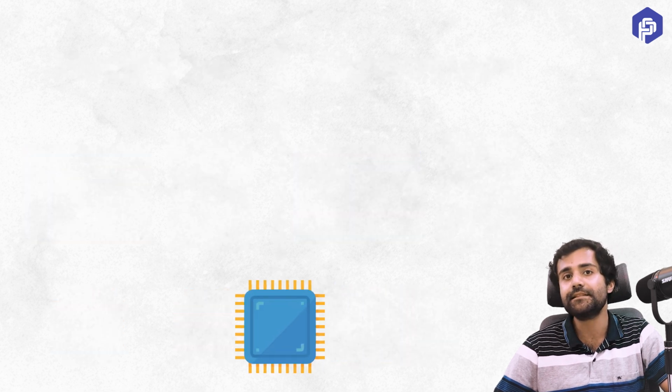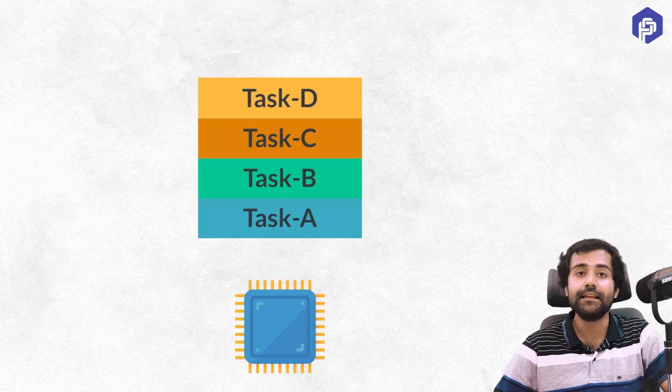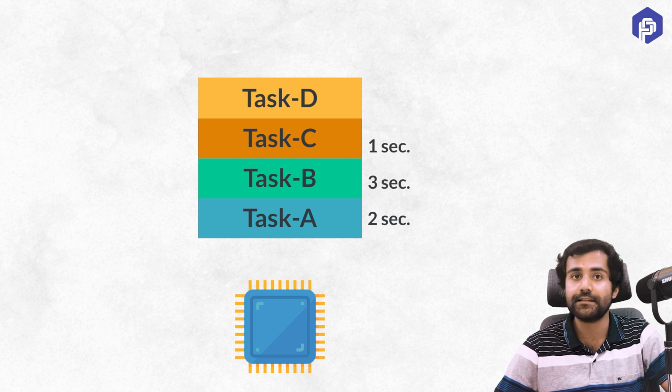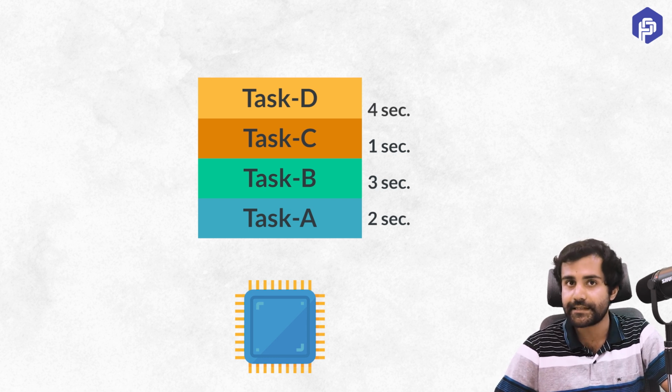What I mean by that is, let's say you have got multiple tasks, task A, task B, task C, task D. And let's say you just have one processor. What that processor can do is, it can allot first 2 seconds to task A, next 3 seconds to task B, next 1 second to task C, next 4 seconds to task D, and then again it can come back to some other task, allot it some time, and then switch to some other task, allot it some time.